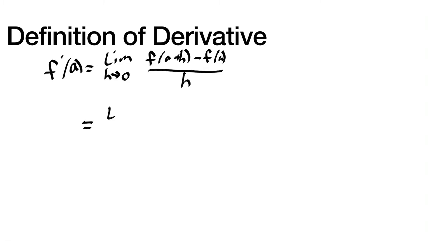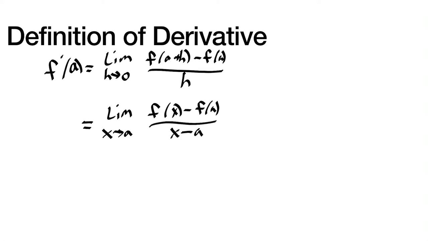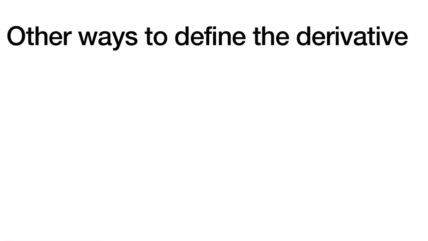There's also another definition, which is equivalent, that you are probably familiar with. It's the limit as x approaches a of f of x minus f of a over x minus a. These are equivalent definitions, and I'm sure you all have seen this. But what I want to do now is introduce you to a couple definitions that are not intuitively the same as that definition, but they actually are the same.